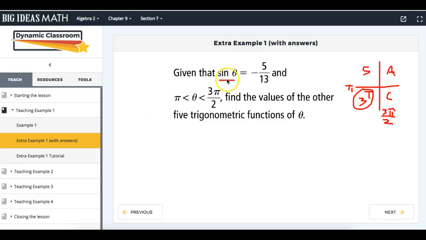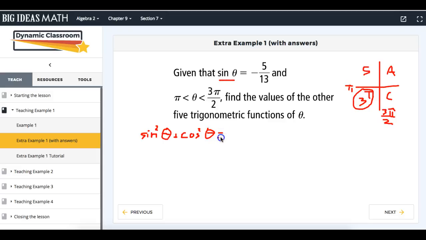So we need to find the cosine of theta and the tangent just using our identities. Let's first write out sine squared of theta plus cosine squared theta equals 1. This is our Pythagorean identity.